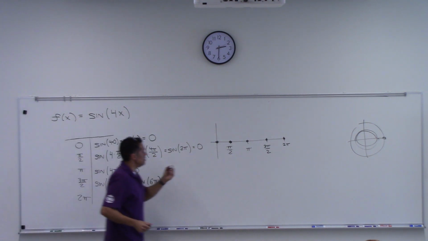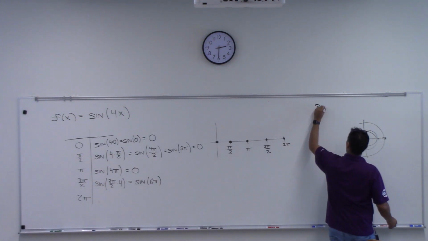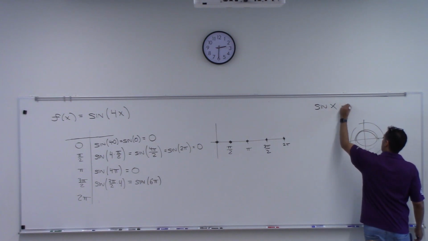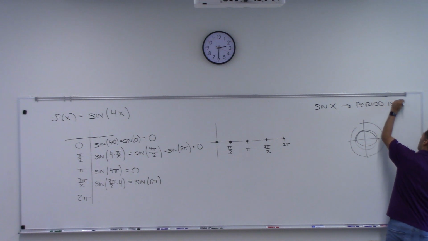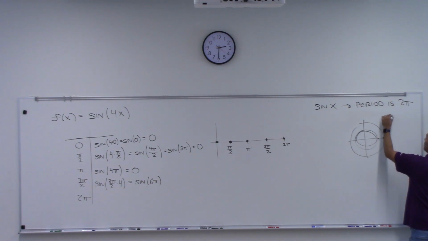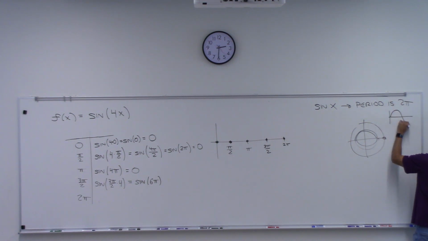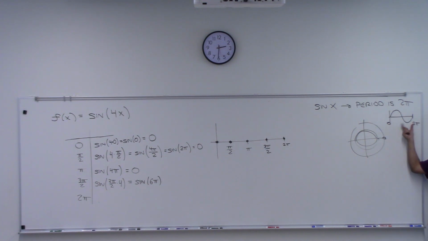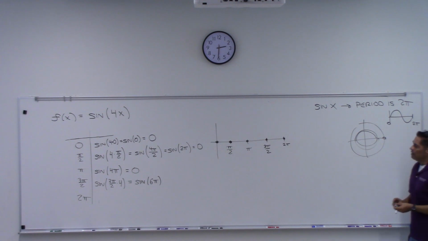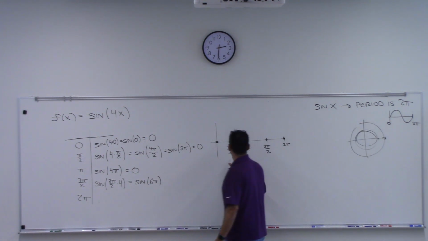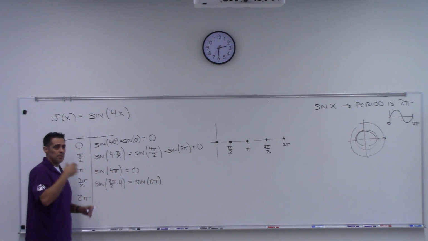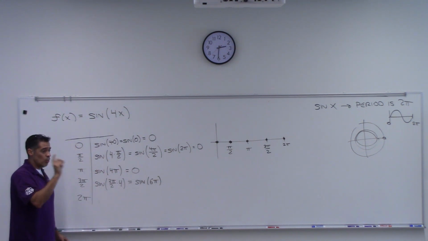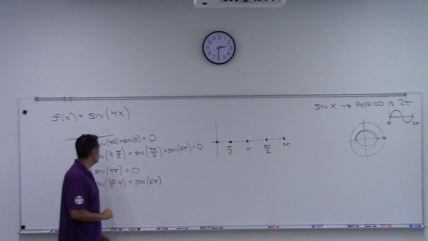So for sine of x, the period is 2 pi. That means it completes 1 complete cycle between 0 and 2 pi, right? That's for the regular sine function. This one, what's happened is it's completing the cycle in 1/4 of that space.